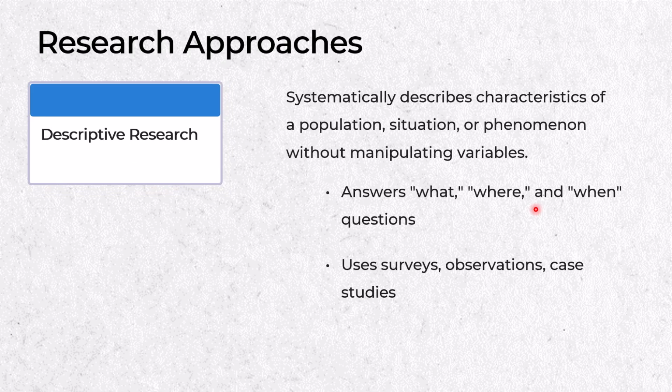Okay. Another type of research is descriptive research. In descriptive research, we answer what, where, and when questions. To do that, we use surveys, we use observations, and we can also use case studies. In descriptive research also, we do not manipulate variables.